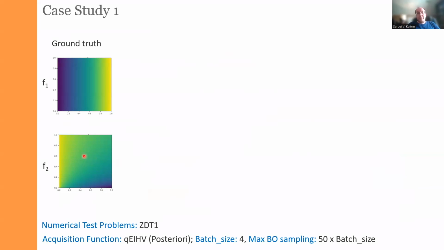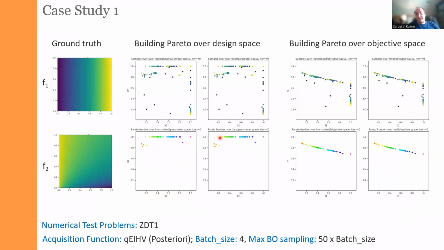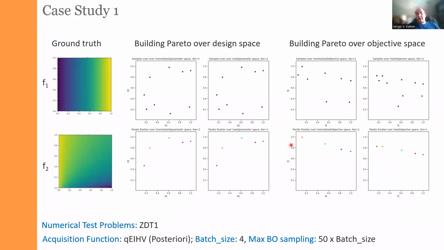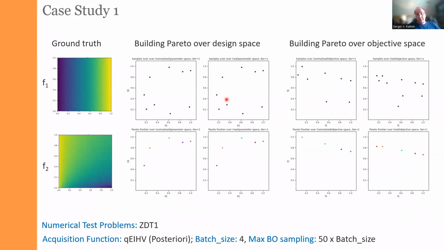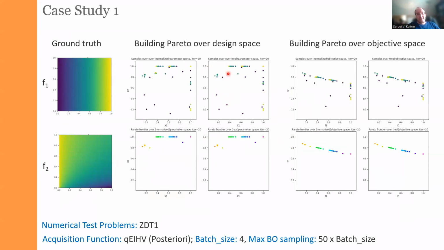The question in multi-objective Bayesian optimization is, how do you construct the Pareto front in this case? This is how you do that. You can construct it over the design space, meaning the coordinates that define this parameter space for functions f1 and f2. Obviously they share the parameter space, otherwise we cannot do the multi-objective optimization.